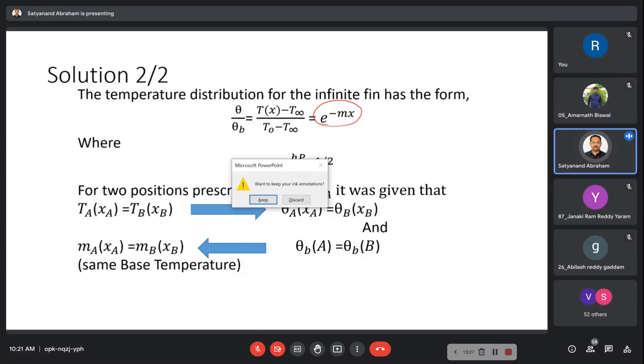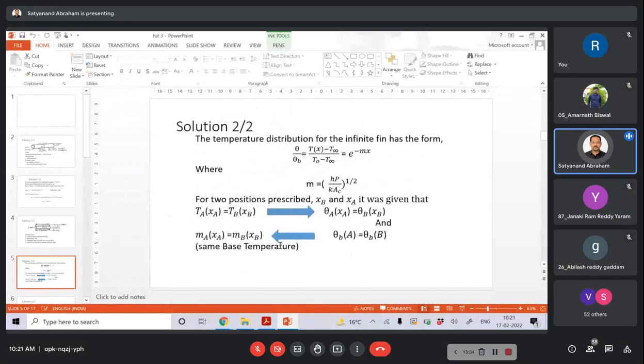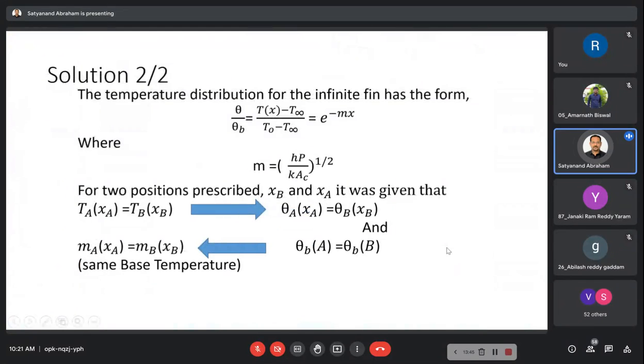In our lecture, we talked in terms of cos hml and sin hml. Anyway, you have to be familiar with both ways in which it is written. If you refer to different textbooks, the forms given will be different.